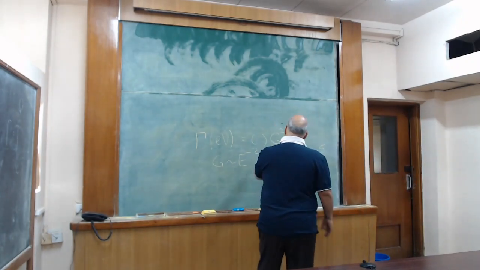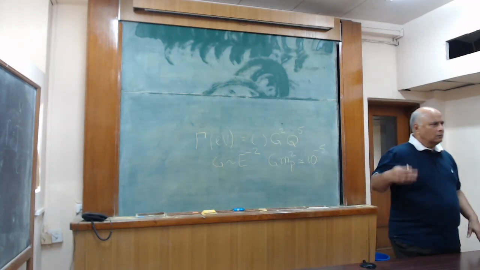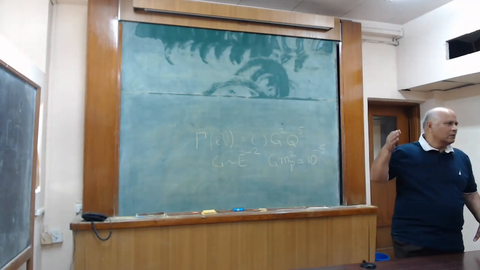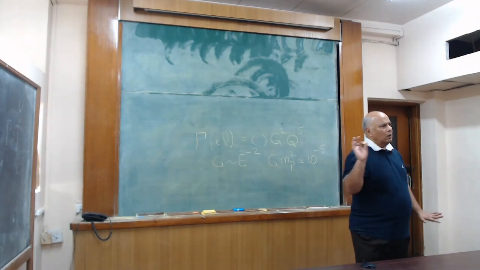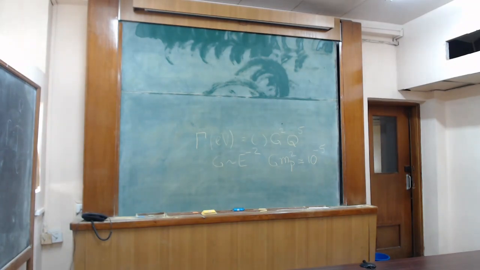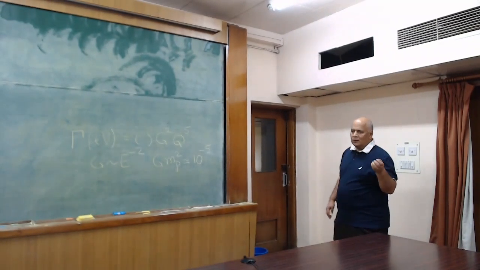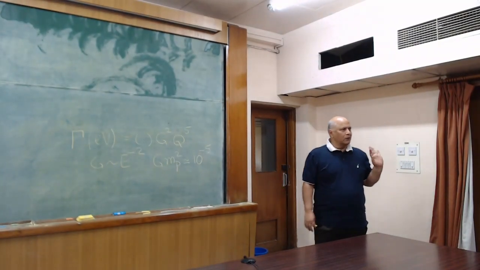The fact that this coupling constant has negative energy dimensions has some very important consequences in field theory. In field theory, you are allowed to have dimensionless coupling constants and maybe a coupling constant with a single power of energy, going like energy, but you are not allowed to have any other coupling constant if you want what is called a renormalizable field theory.